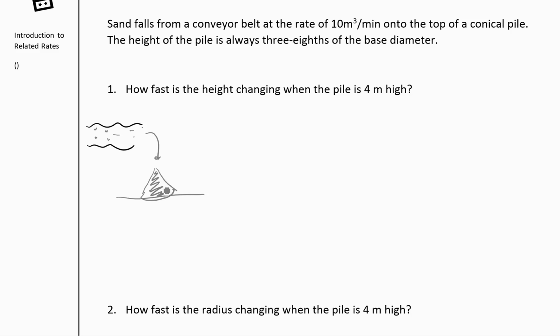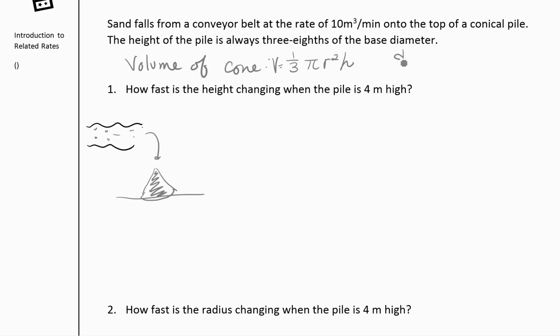Now, we're going to be talking about the volume of a cone here, and the volume of any cone is 1/3 pi r squared h. Okay, so we're going to use that. So we've got our volume.